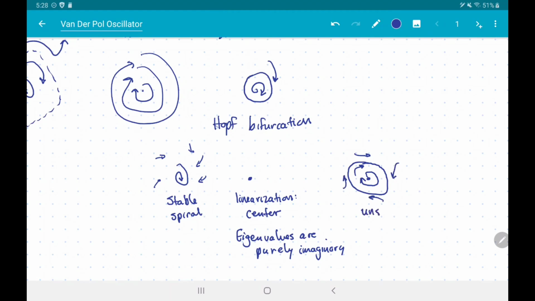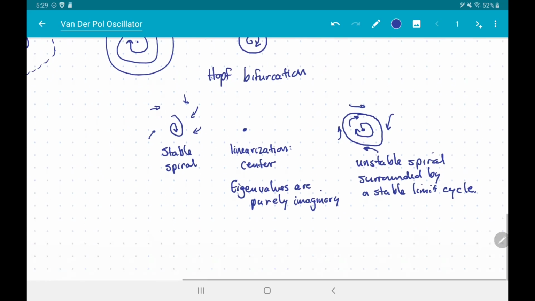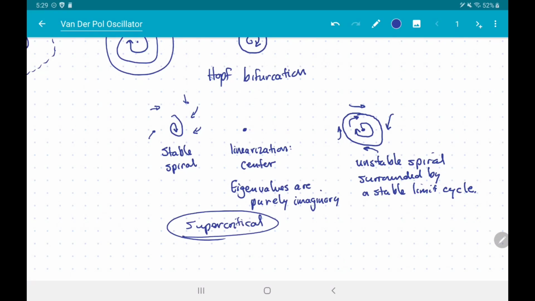So here you have an unstable spiral surrounded by a stable limit cycle. This is the supercritical case of a Hopf bifurcation. And the distinction there is that the limit cycle in question is stable.